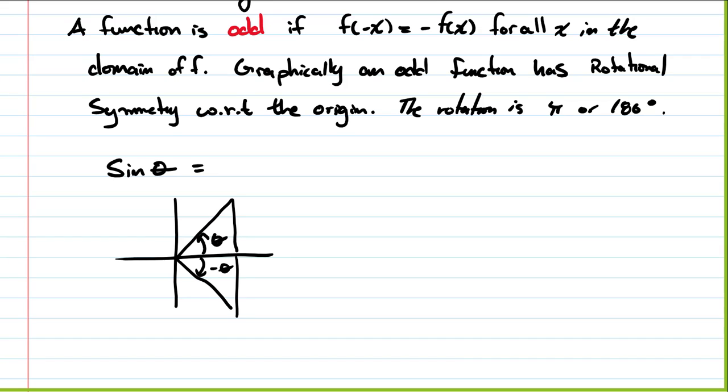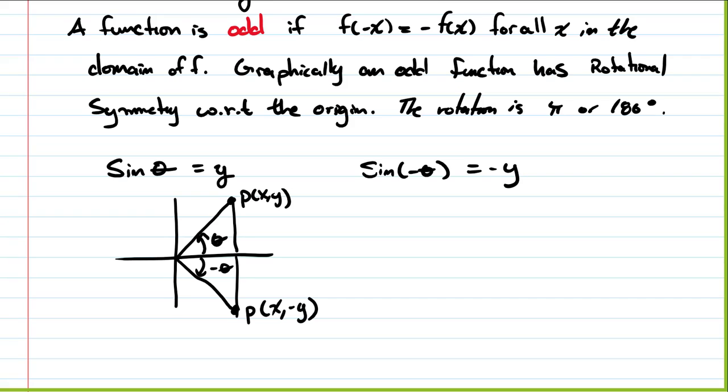So then if I look at my chart here, we know that sine theta is equal to y. So this is at some point xy. But if I do the same thing, but I go in the opposite direction, the x would stay the same, but my y would be negative. So then this would tell me that the sine of negative theta equals negative y.